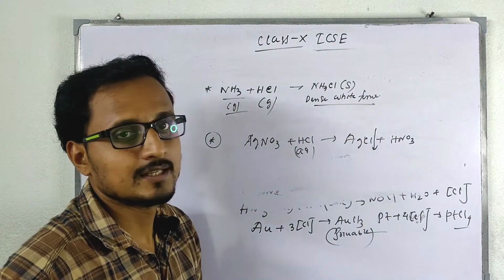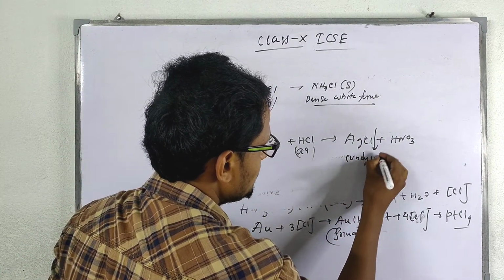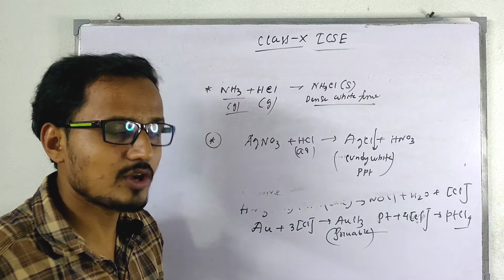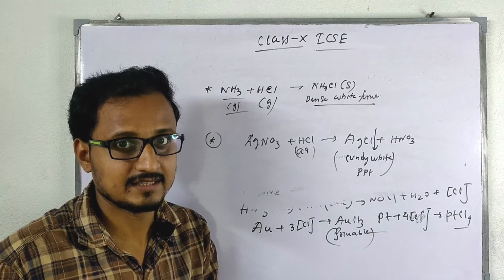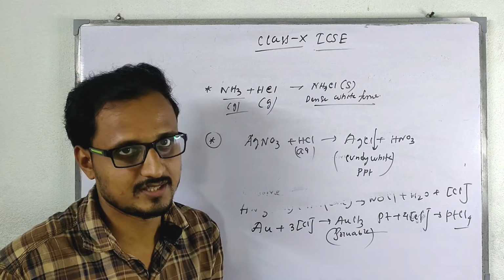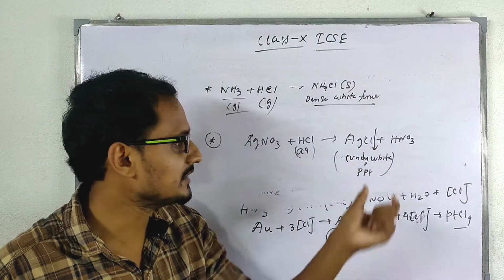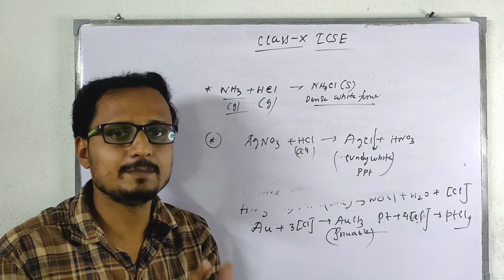This one is curdy white precipitate. Now for this curdy white precipitate, first of all, what you have to do? You have to take a test tube, and if that test tube contains HCl, a solution of HCl, we will take. Then in that we will add silver nitrate. Now in the bottom of the test tube we will see that there will be a formation of curdy white precipitate.